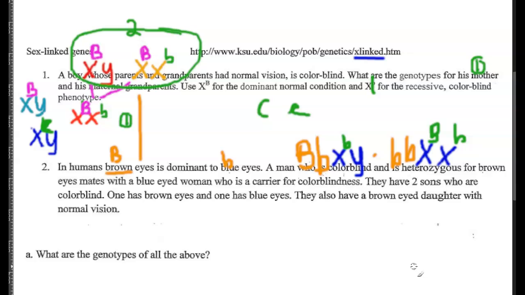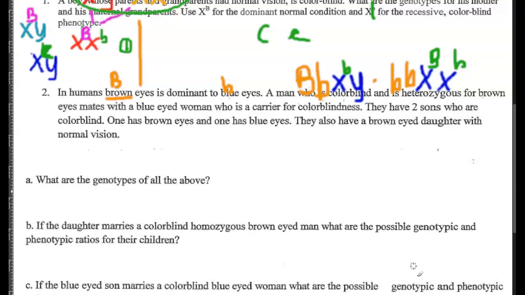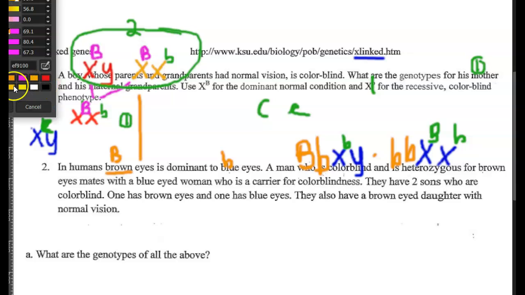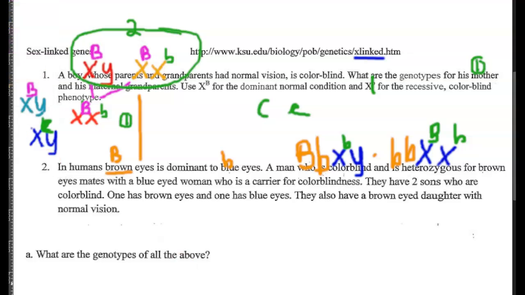Two sons who are colorblind. And one has brown eyes and one has blue eyes. Alright, so they have two sons. Blue is the color for the gender here. So two sons, I'll just put S for sons.